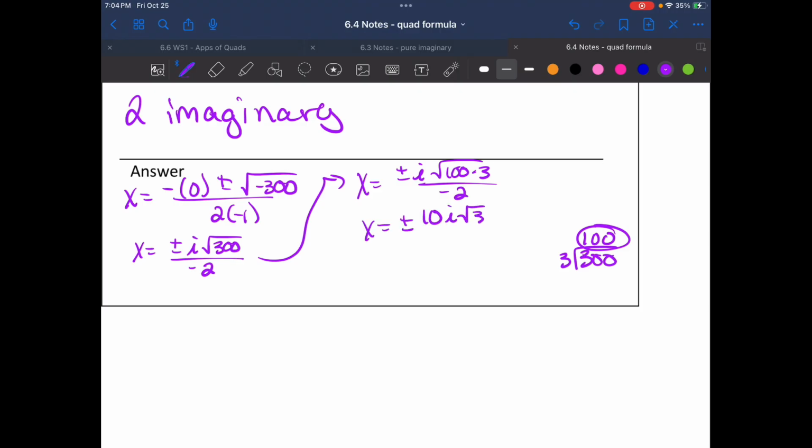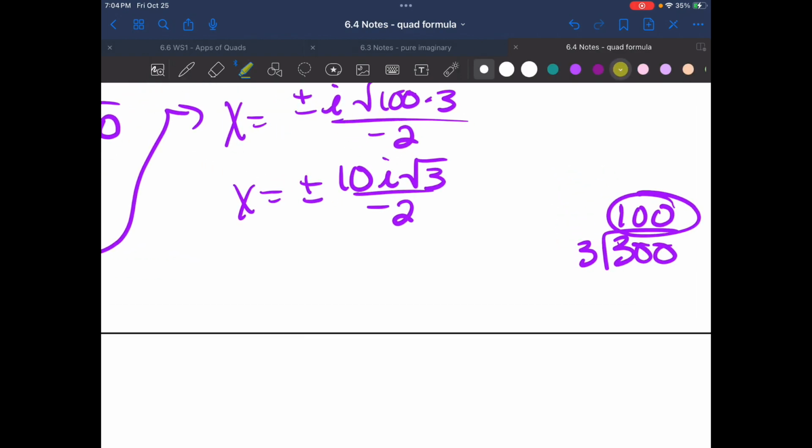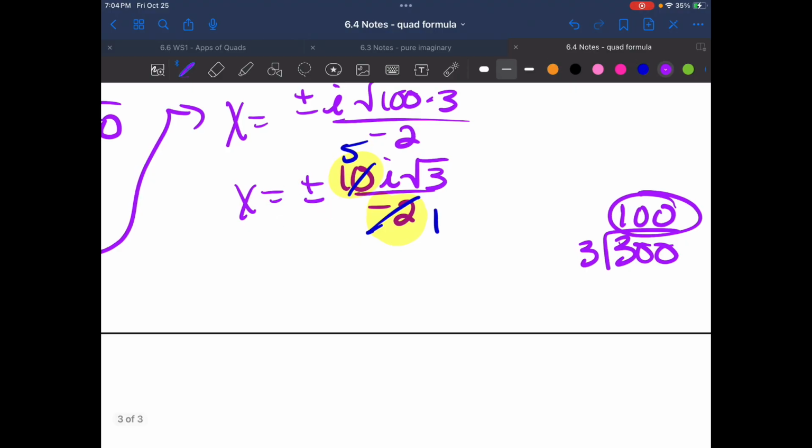So that's 10i radical 3 over negative 2. Those are common factors. I'm going to divide by negative 2, but that's actually not going to affect this at all. So let's make that 1. Technically that makes that a negative 5. But that plus or minus takes care of any sign issues.